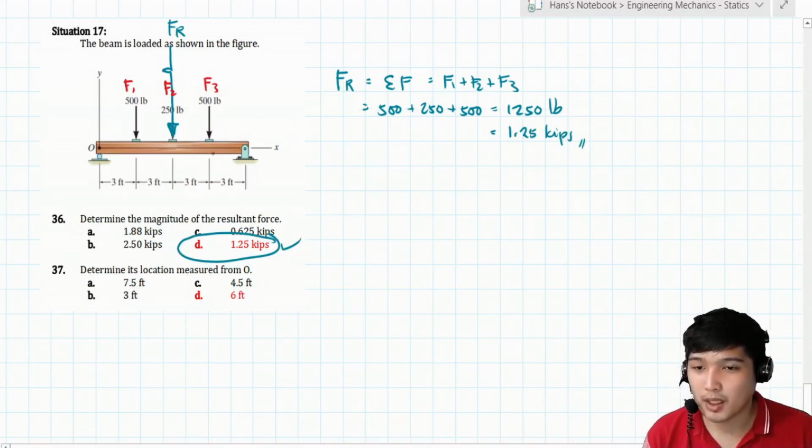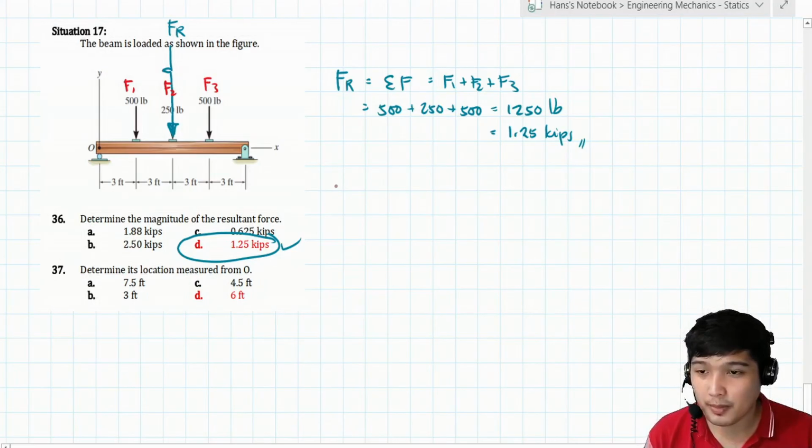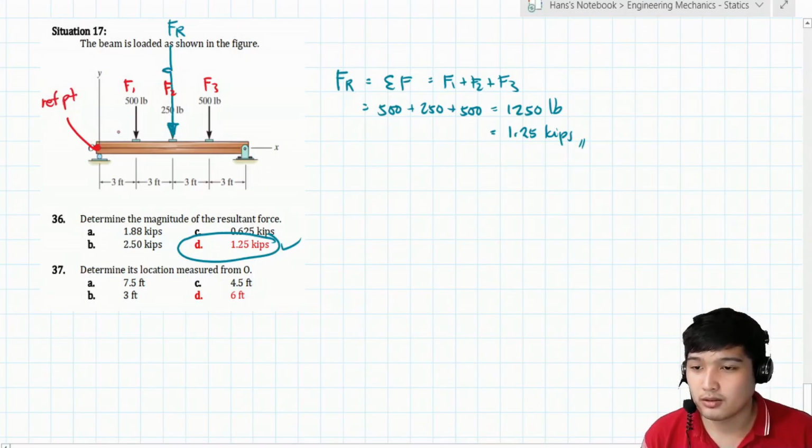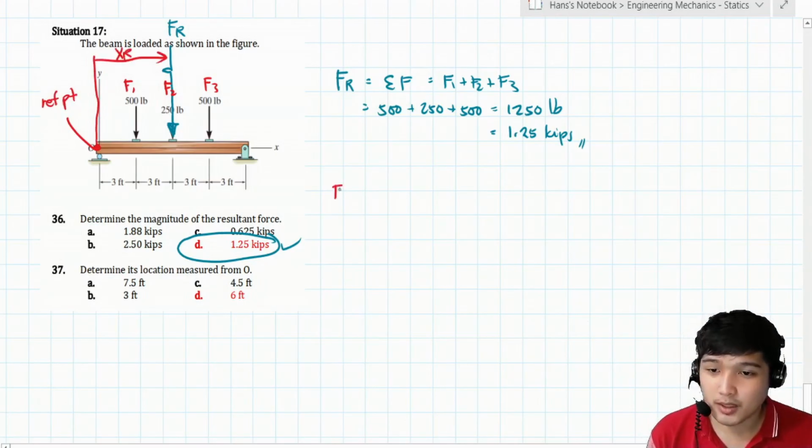Next is mag-moment na lang tayo, Varignon's theorem. So, ang reference point natin is itong O. So, gawin pa ba natin yun? Rekta na natin, oh. Yung distance ng FR papuntang O, tawagin nating XR. So, magiging FR times XR equals yung F1, 500, and then, ayusin nga natin.